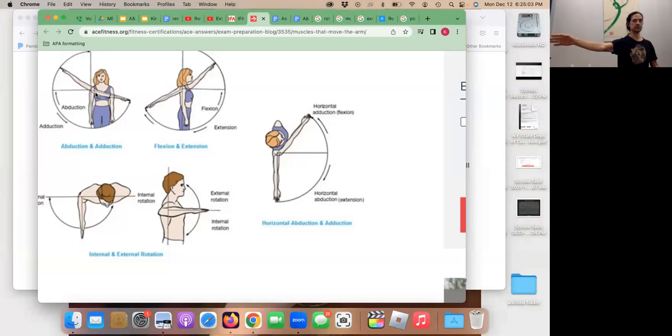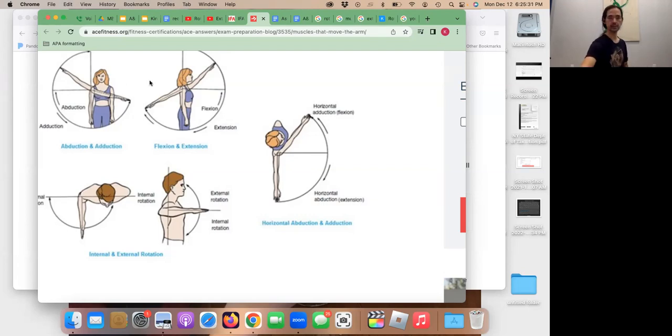Kinesiologists and anyone who uses kinesiology, like physical therapists and massage therapists and acupuncturists, sometimes like to get really specific. This is not just abduction, it's horizontal abduction, and then horizontal adduction.